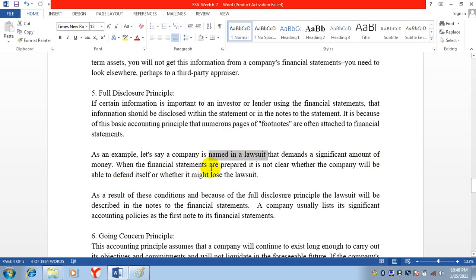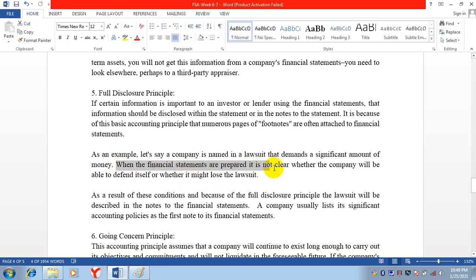When the financial statements are prepared, it is not clear whether the company will be able to defend itself or whether it might lose the lawsuit. Maybe the company will win the case or maybe the company will lose the case. So we don't know.